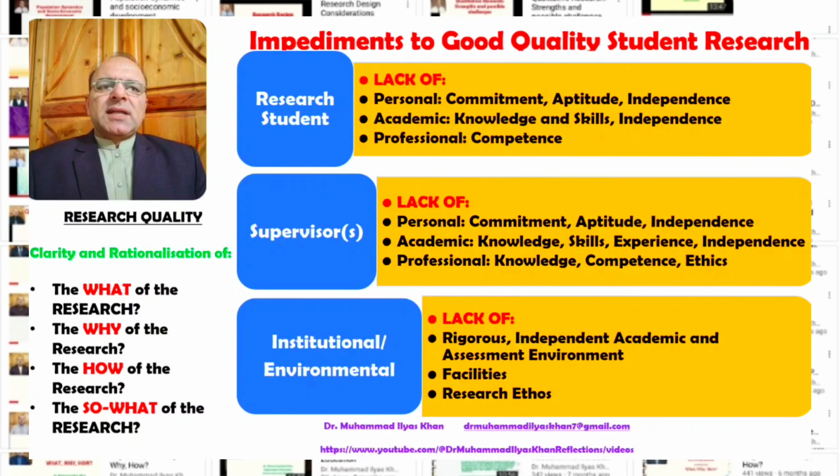So on the personal level, if the student lacks commitment, if he or she lacks the particular aptitude that is needed for a successful research student, and if they lack independence, whether that's on their own part, or if that is because of the institutional or outside factors, that will result in a compromise on the quality of research.